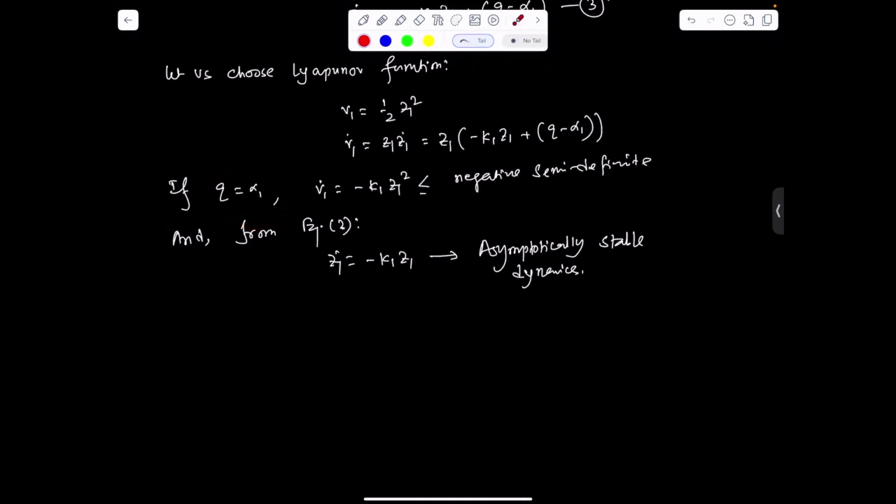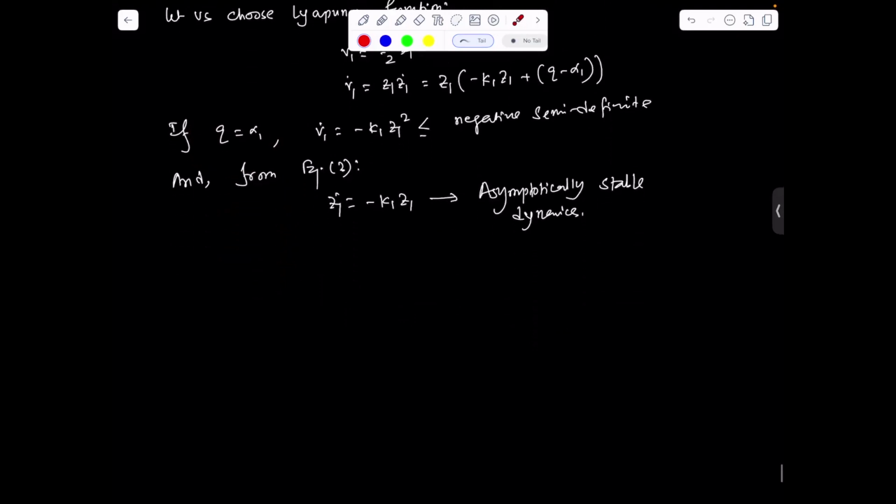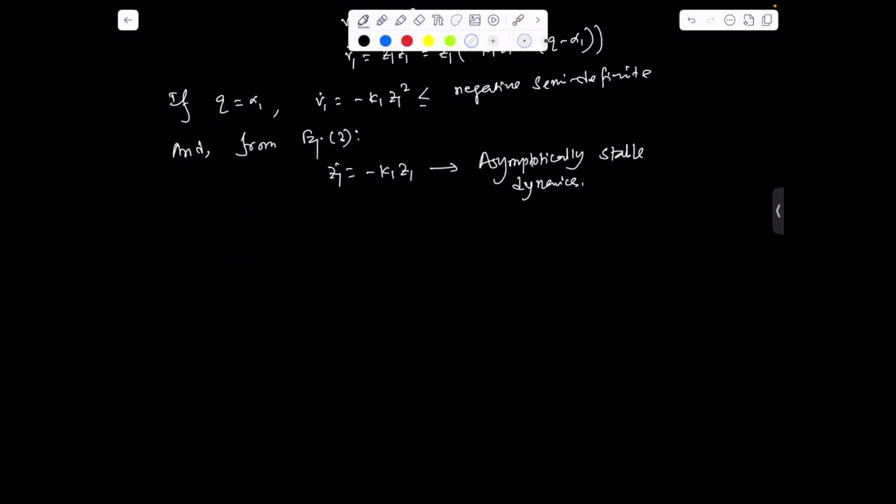This was already defined in the earlier lecture: because the initial values of q and alpha 1 can be different, there can be an error between q and alpha 1. So let us define the error between q and alpha 1, following the same structure and concept from the earlier lectures.